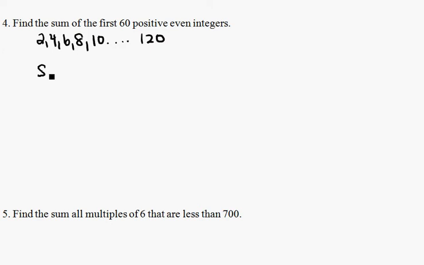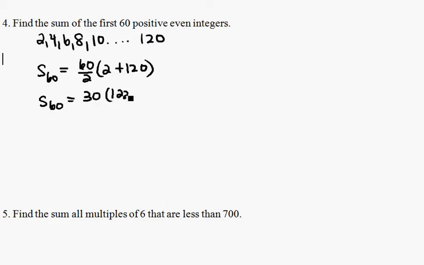So we can find the sum of the 60 integers doing 60 divided by 2 times 2 plus 120. So the sum of the 60 terms is 30 times 122. So 30 times 122 is 3660.